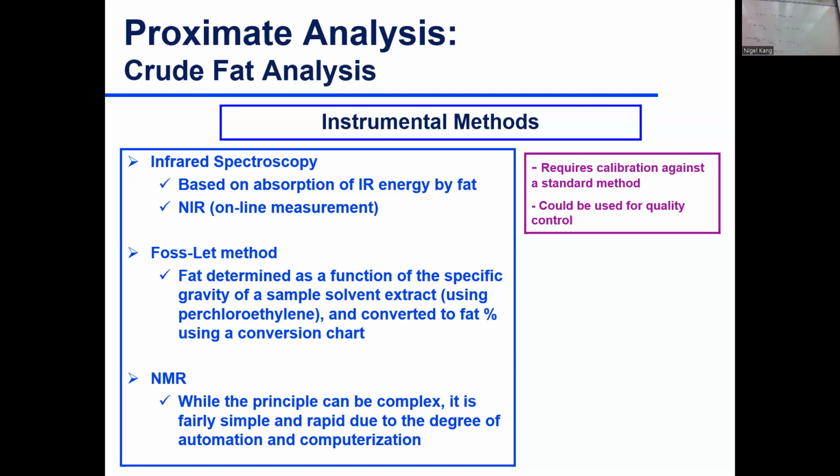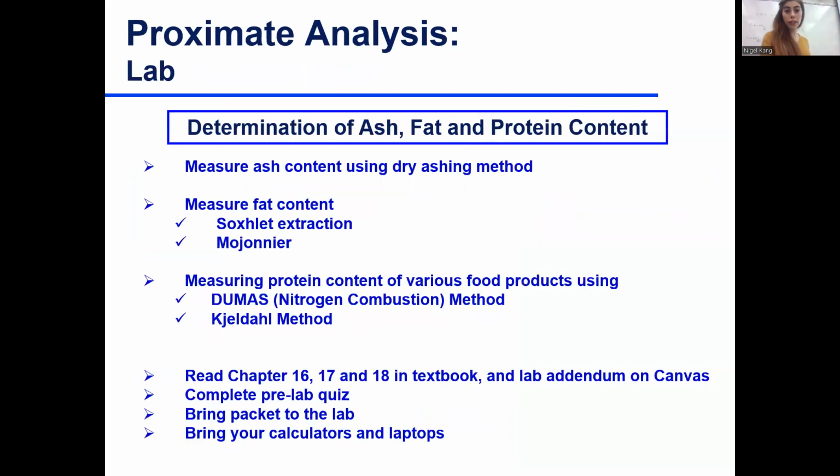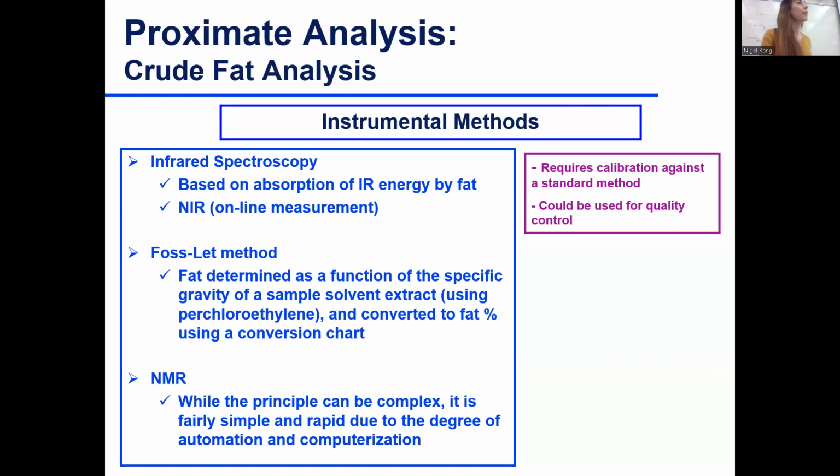So if you're using the phosphate method, you need to have those charts. It's not a common method and it's not an official method of analysis. I think that's it. And yeah, thank you.